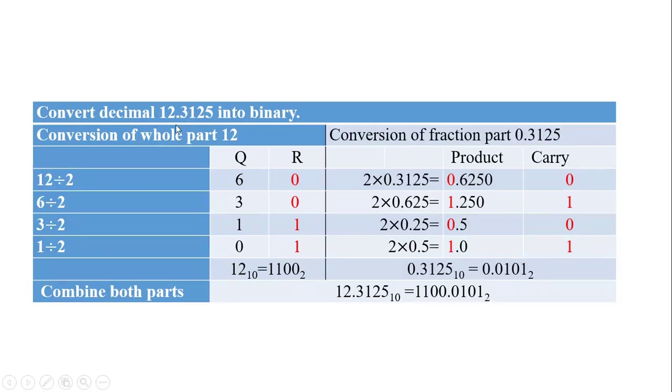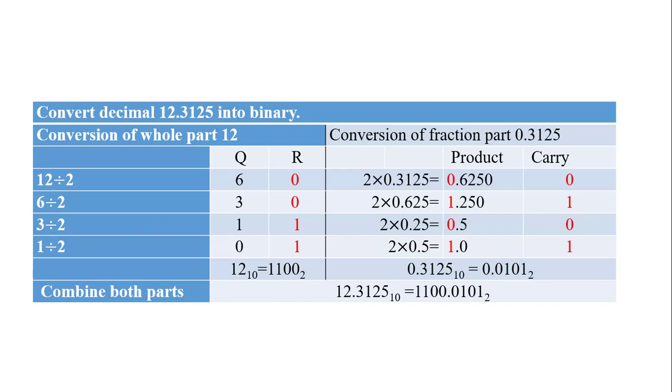Convert the decimal number 12.3125 into binary. Split this number into a whole part and a fraction part. Convert the whole part by repeated division, and convert the fraction part by repeated multiplication, as we have discussed in the earlier examples.